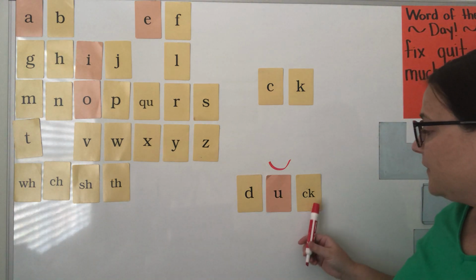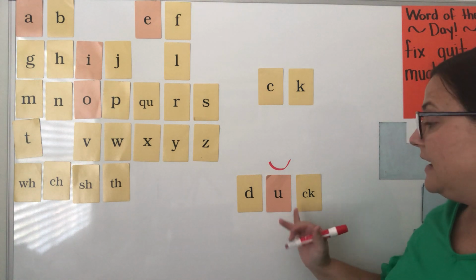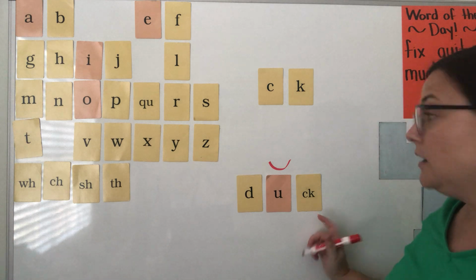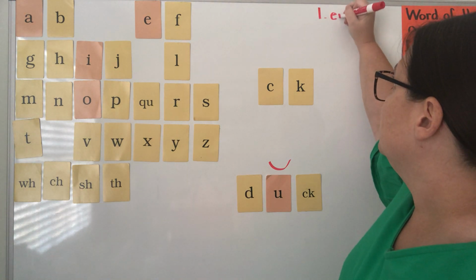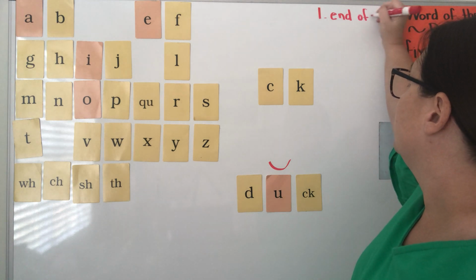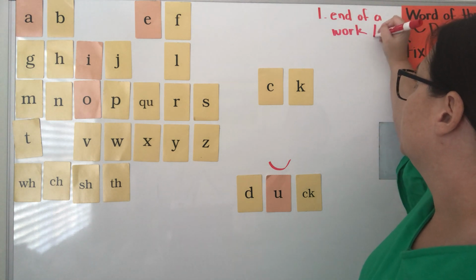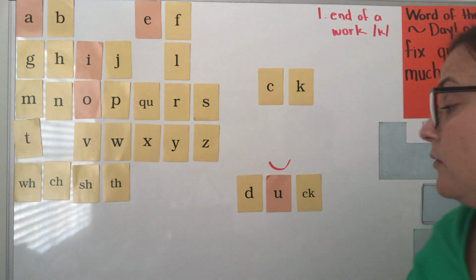So when I have CK in a word, it has to follow this rule. It has to be at the end of a word, number one. So number one, my rule is end of a word. The k sound is at the end of a word, okay? That's number one.